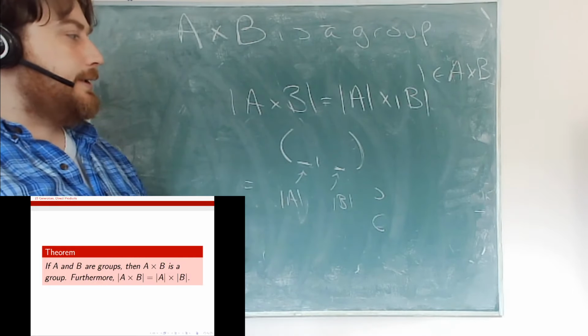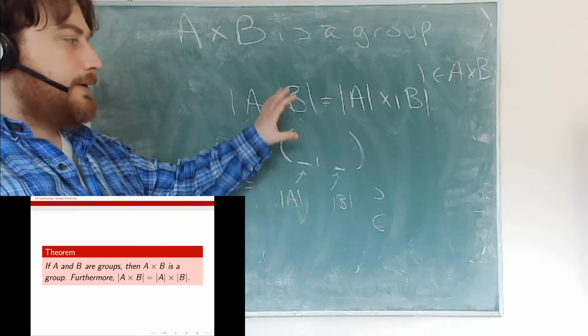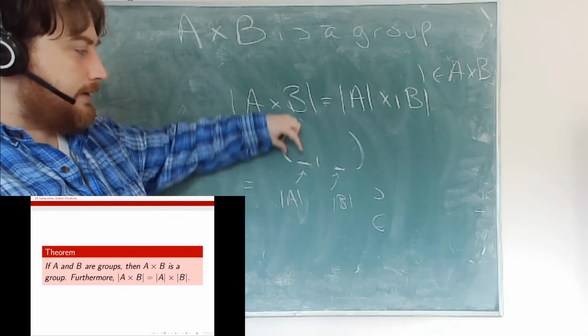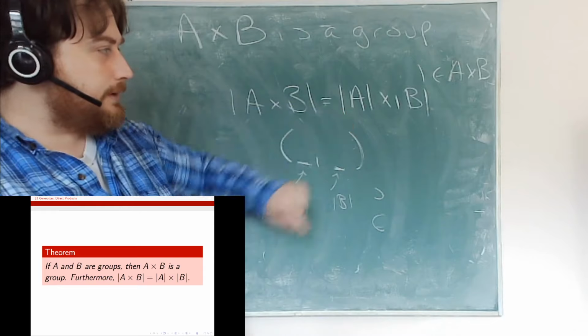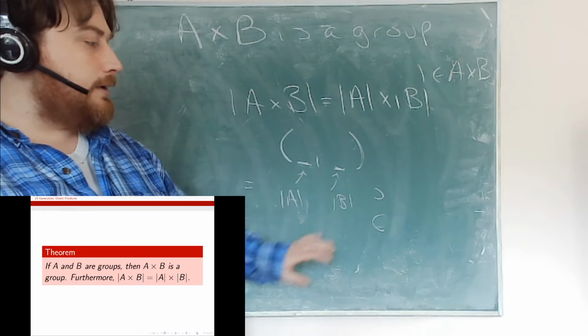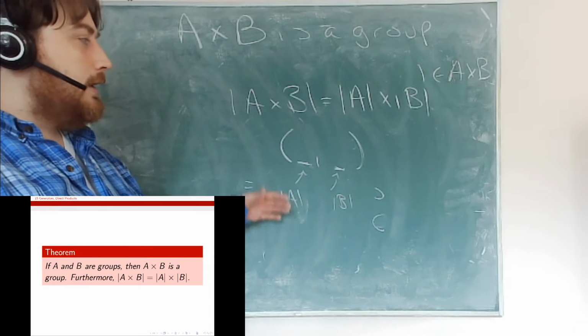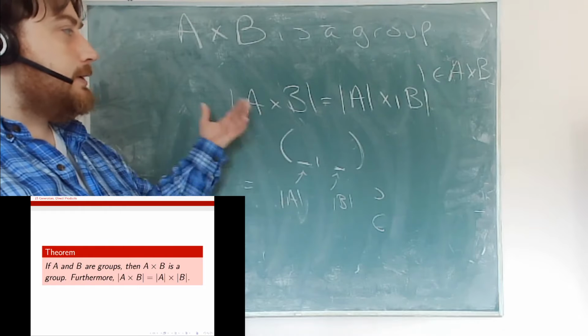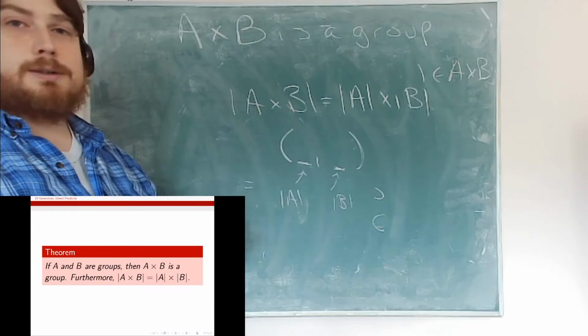Each one of those leads to a distinct option. So to find the total number of distinct elements, I just take the options here times the options here, which is precisely the cardinality of A times the cardinality of B. So to find the total number of elements, we can just multiply the number of elements in each set.